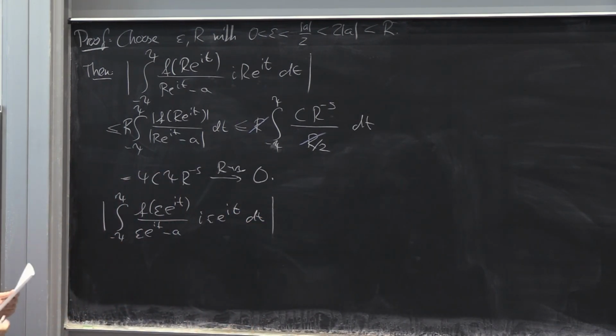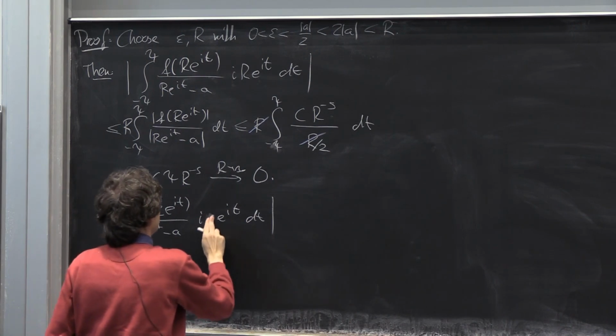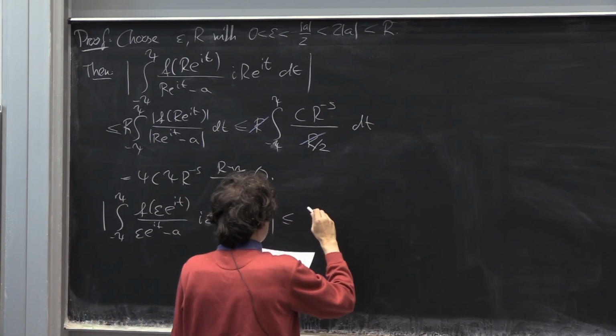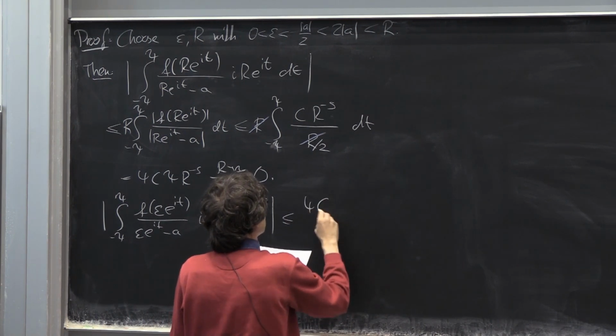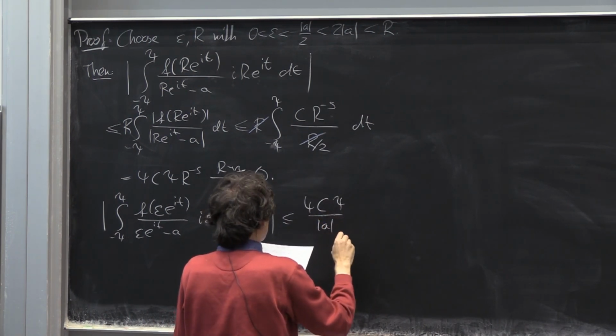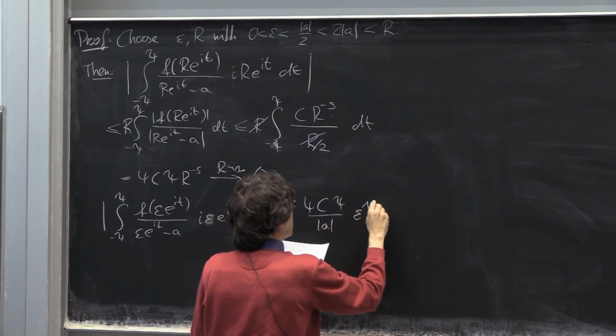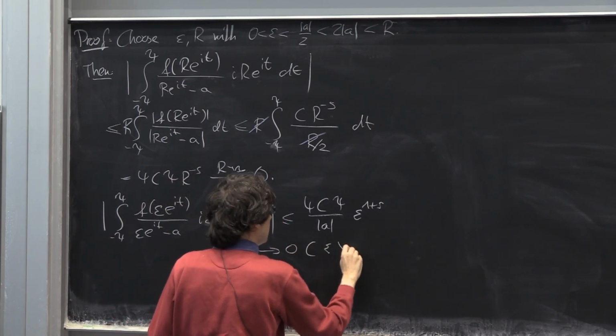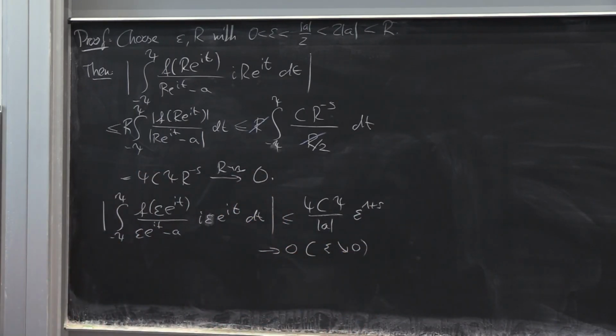And if you do the same estimates, what you get is this is less than 4c psi divided by modulus of a times epsilon to the 1 plus s. So the important point is this goes to 0 when you let epsilon drop to 0.